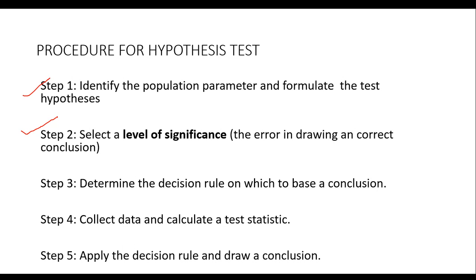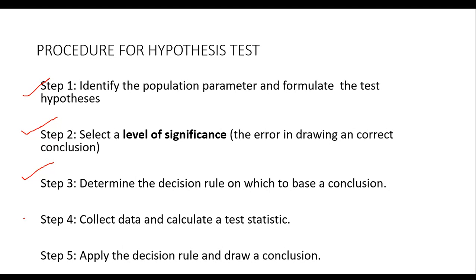So once we select a level of significance, we determine the decision rule on which to base the calculation. Then we come up with a decision rule on whether we are going to use the p-value or t-test, what critical value we are looking at, and what level we will decide on.